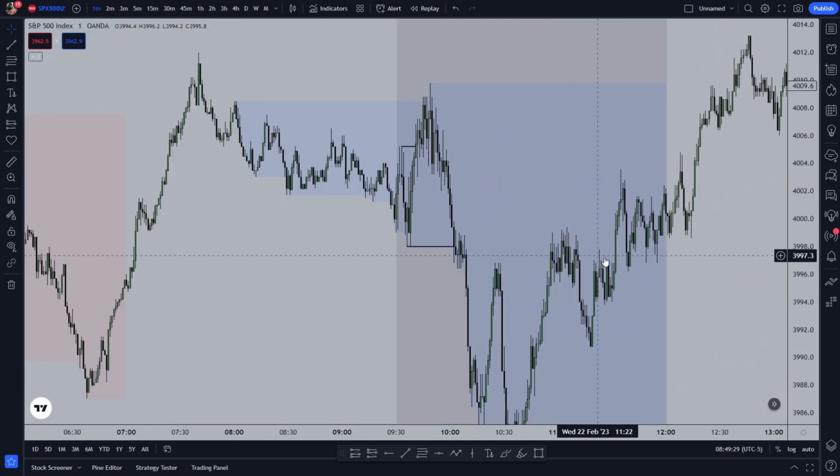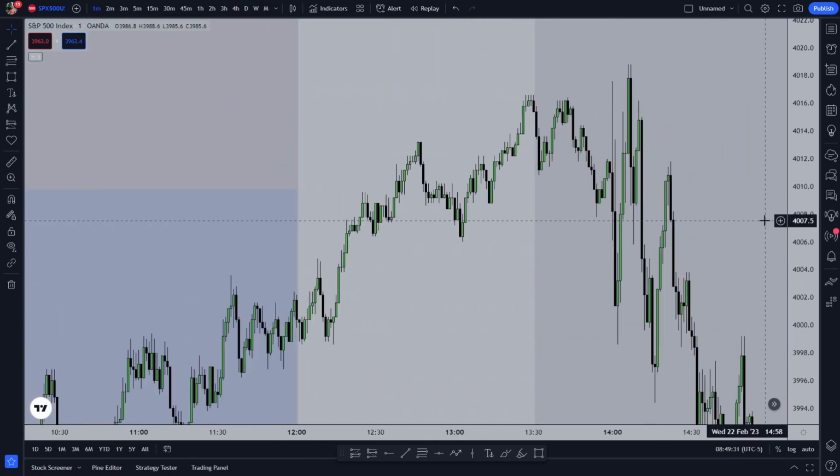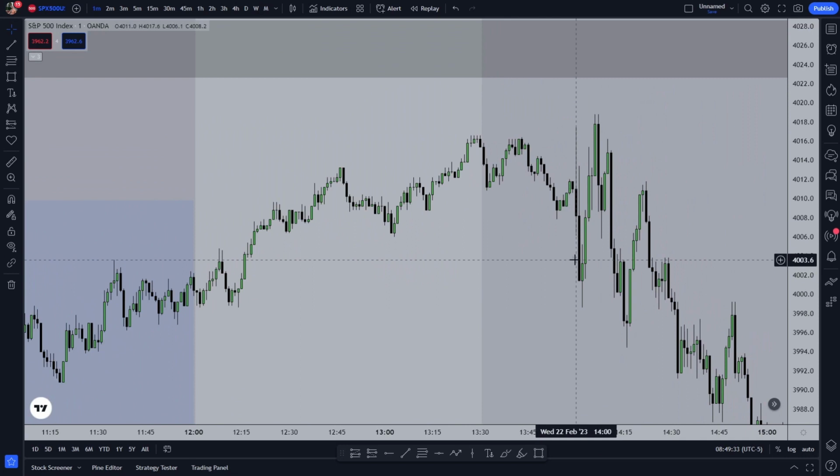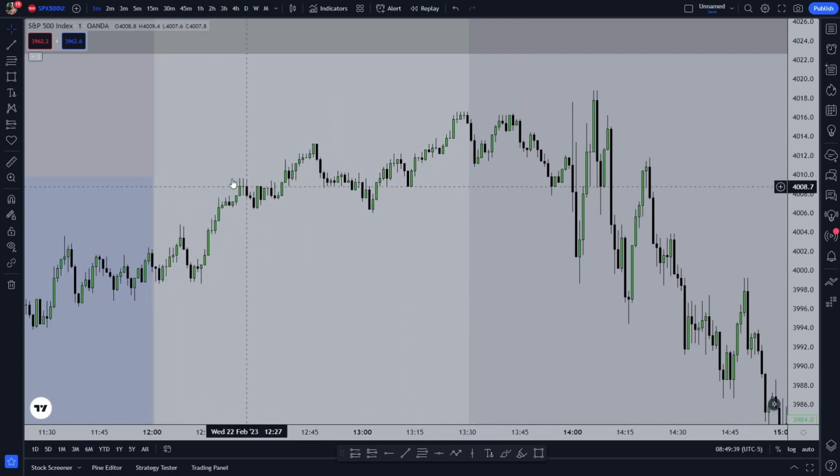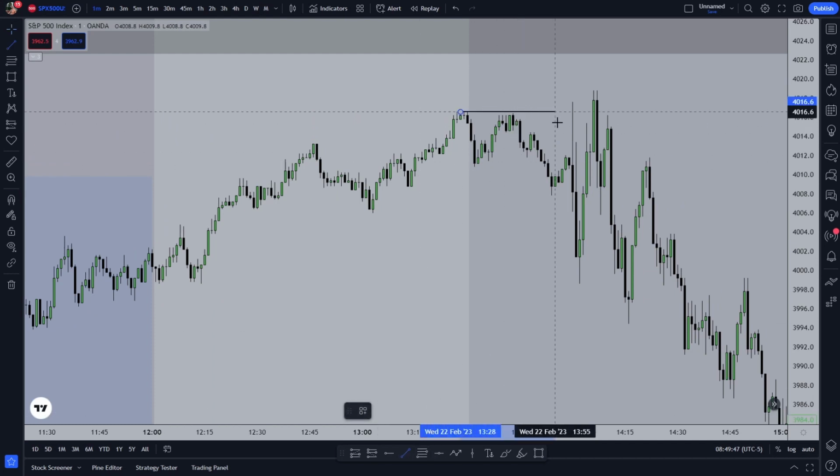And let's see the afternoon session, okay. So this was the 14 o'clock candle. If you can clearly see, what you are able to see right over here is a double top, right? There will be stop losses of retail traders.